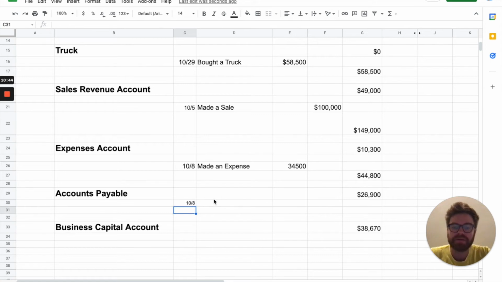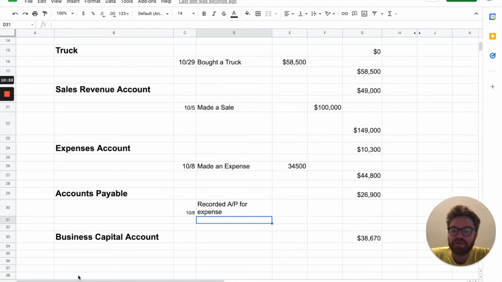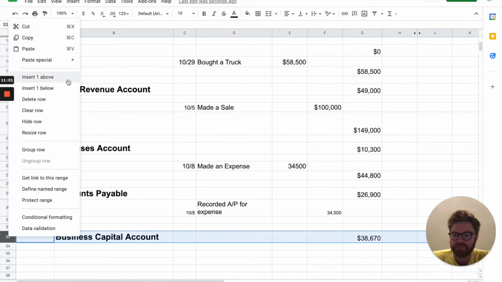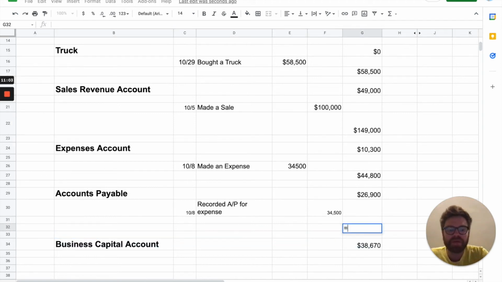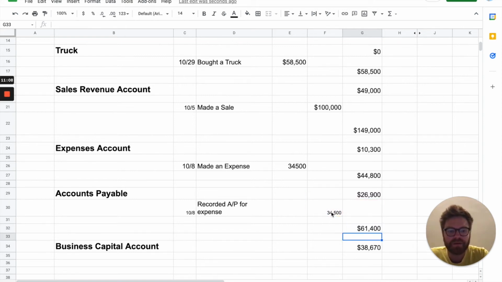So on 10/8, recorded accounts payable for that expense that we just had. And it was 34,500. Okay, let's sum up total there. 61,400 there.